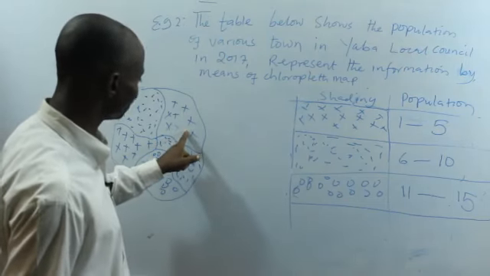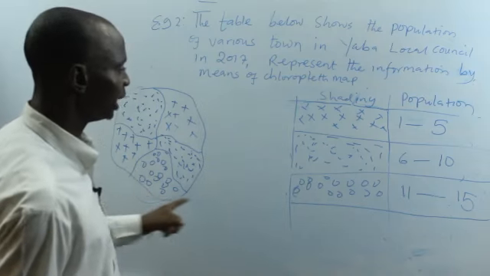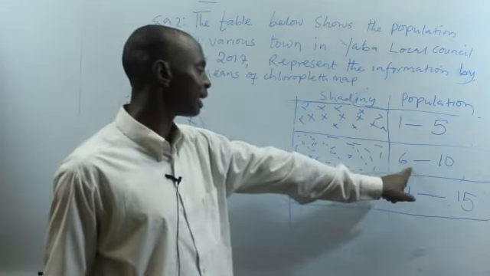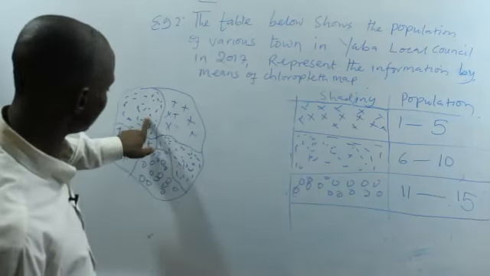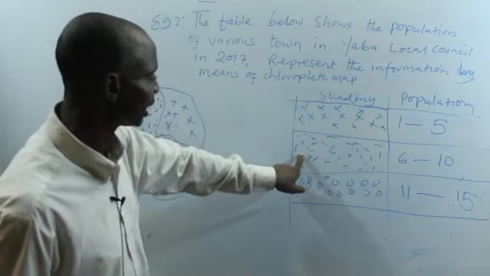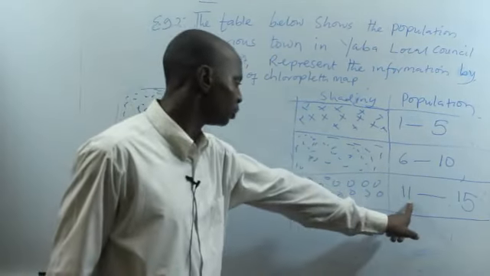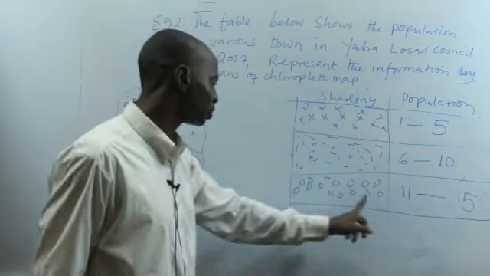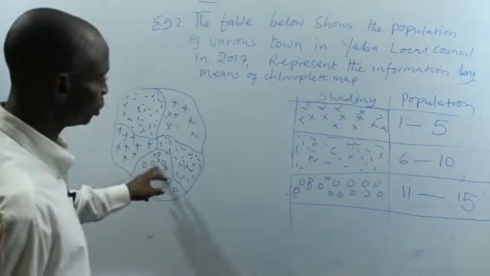We have 1.8 and we have 5. Then between 6 and 10, they have this shading. Look at it here. We have 8 and we have 9. Then 11 to 15 has only 1. That is 14.1. And that is so.